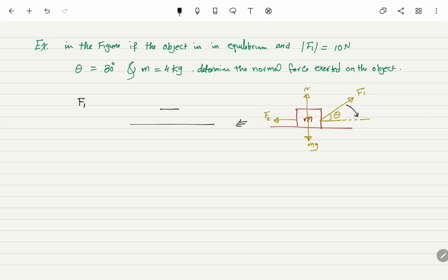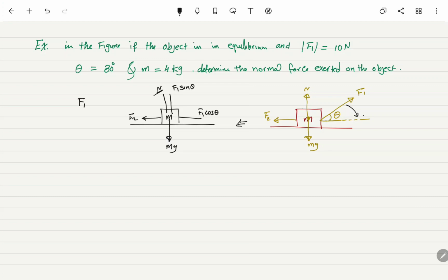This is m, and this is the weight mg, and this is F2, and F1 here has an x component which equals F1 cosine theta, and a y component F1 sine theta, and we have also a normal force in this direction. What we need here is to calculate this normal force.